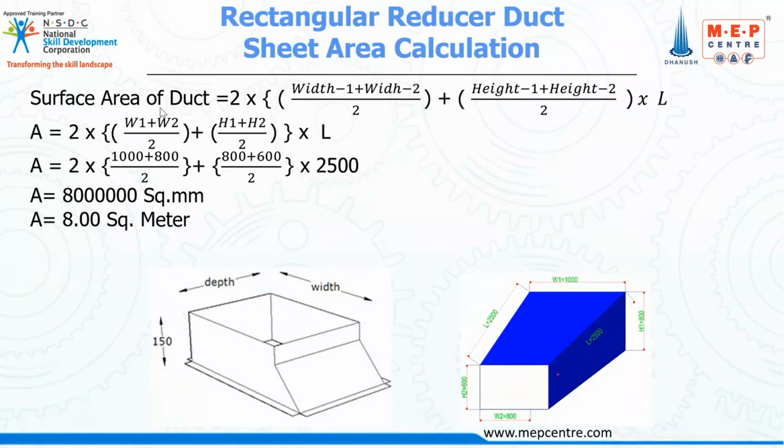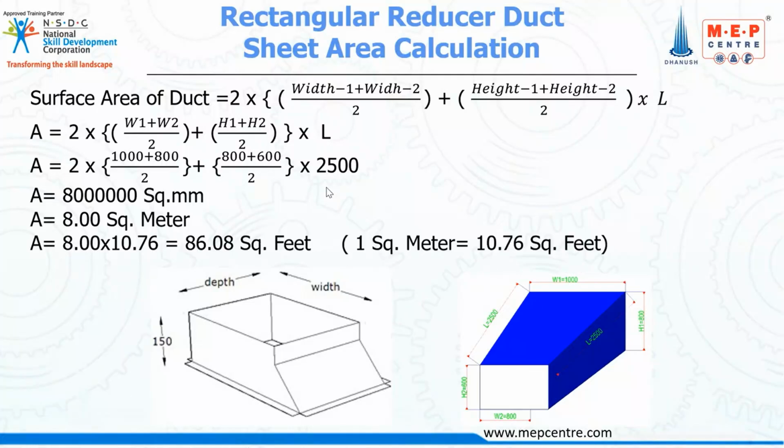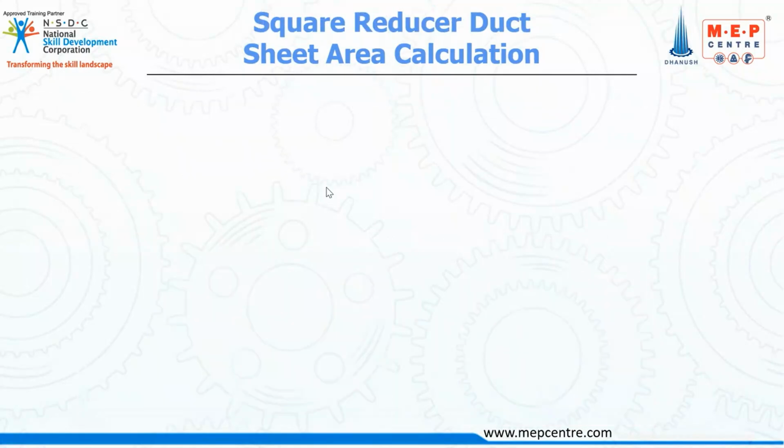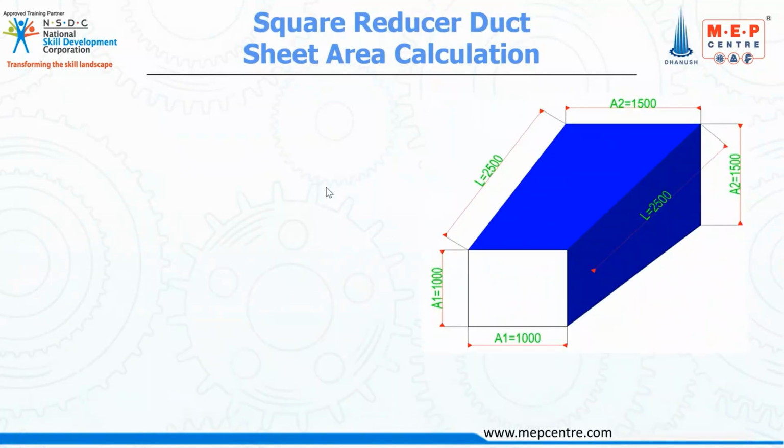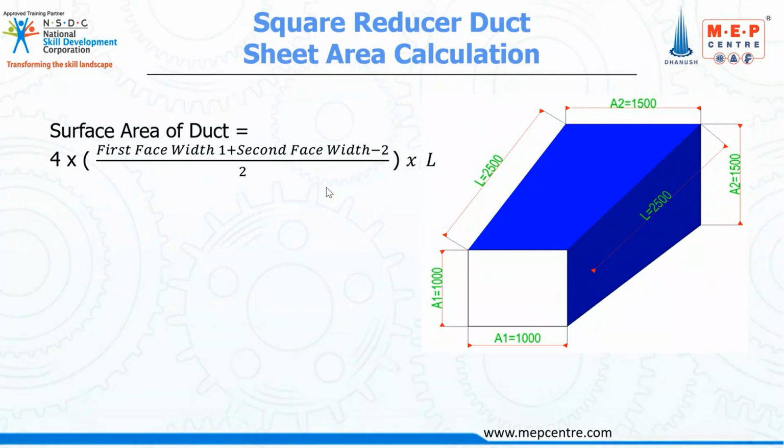Now, so this is for square. So I'll give the formula. The formula for square is 4 into width 1 plus width 2 by 2 into L. Okay, find out the value and tell me.